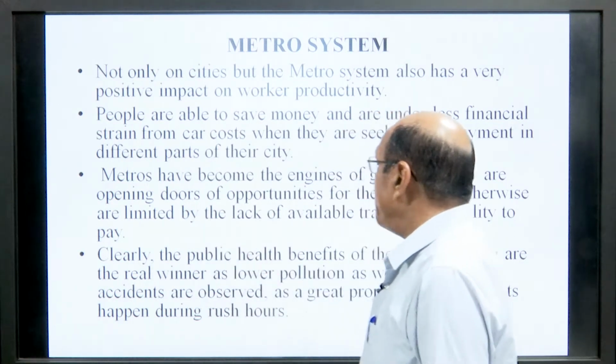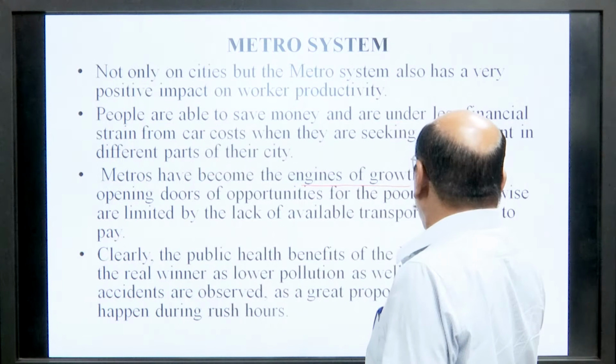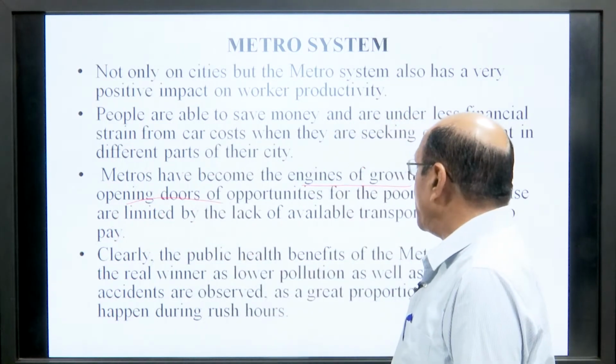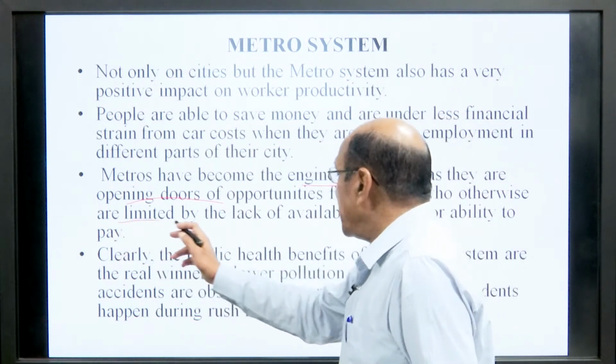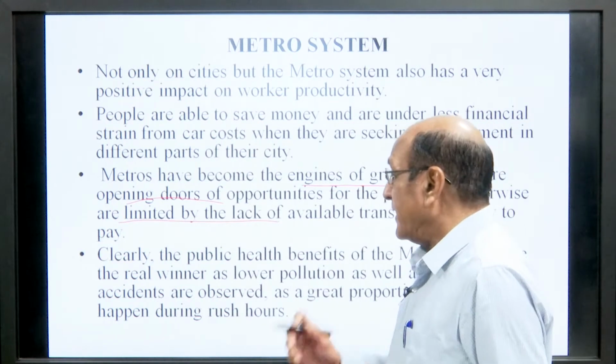The metro has become the engine of growth, as it opens doors of opportunity for the poor who are otherwise limited by the lack of availability of transport or ability to pay.